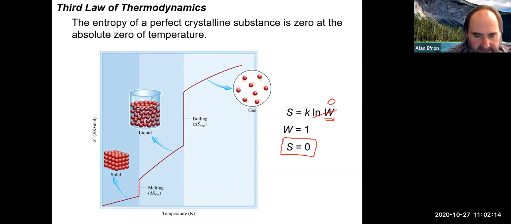Here's just sort of an entropy curve, if you will. Based on what we talked about here, we see that in our solid state, as you can see in this picture, everything is very ordered and arranged really well. There's a lot of order. And as you can see here, we have a lower entropy value.